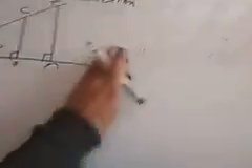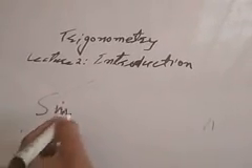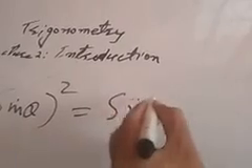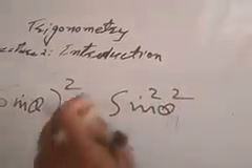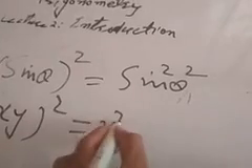One more basic point regarding trigonometry is that when we write a trigonometric ratio in exponent form, suppose I write sine theta whole squared, it never means sine squared and theta squared. In simple algebra, when we write xy whole square, it equals x square y square.